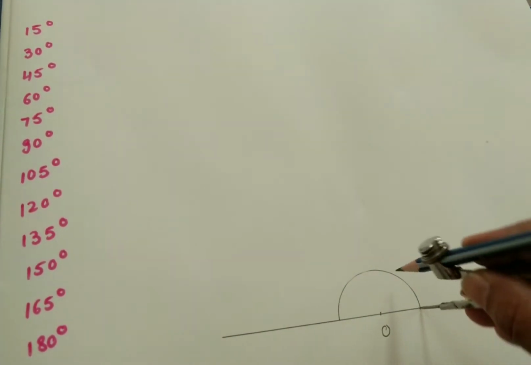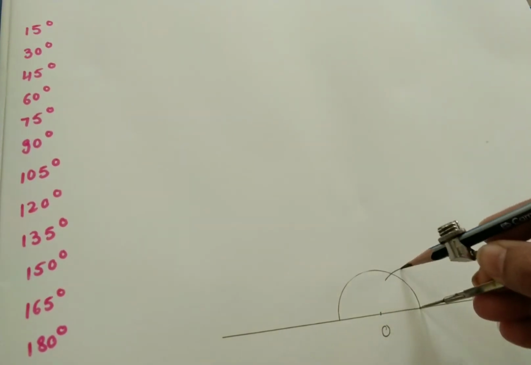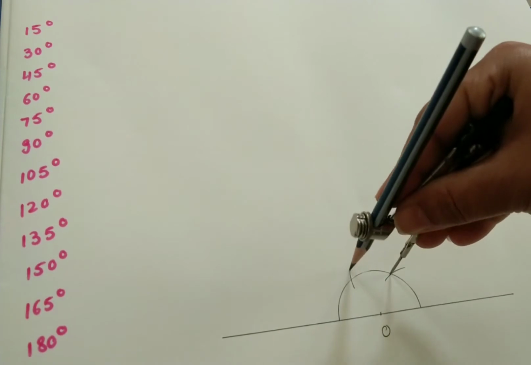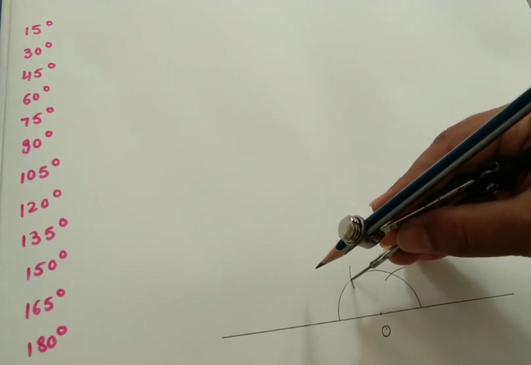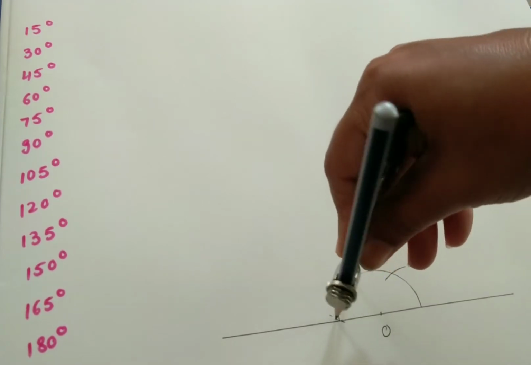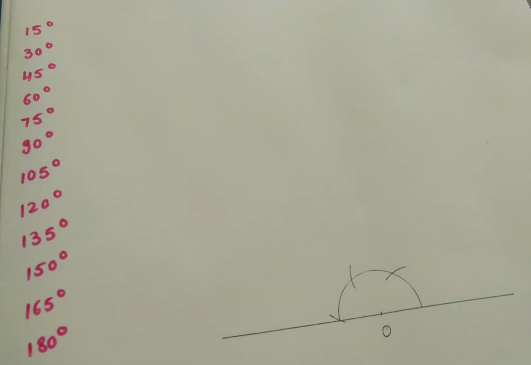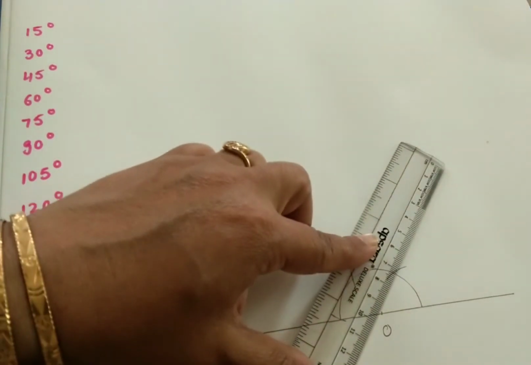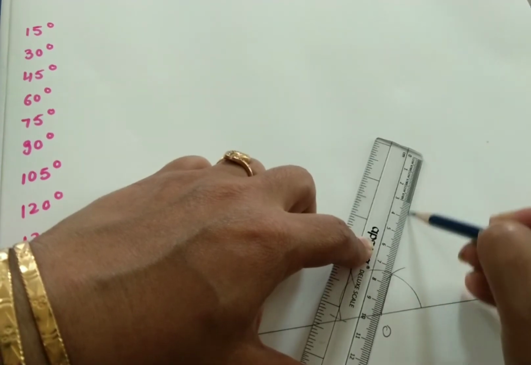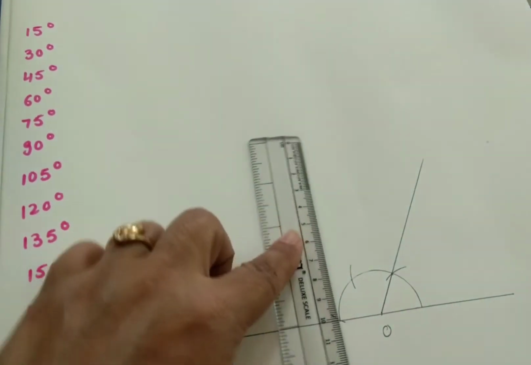This is our 60 degree. Next one is 120 degree, and next one, this is our 180 degree. Now we will join this arc with the origin O, and we will get a 60 degree angle.